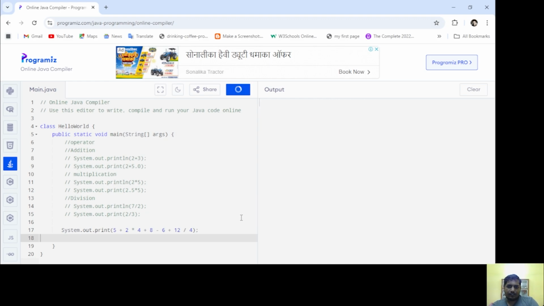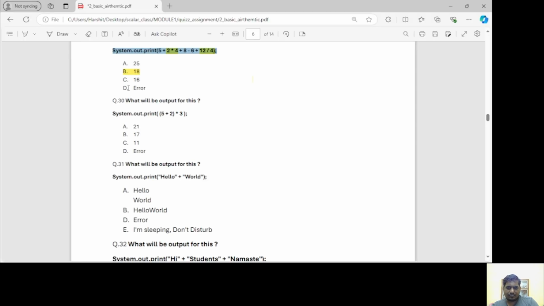Here I write the equation and see 18 is the answer, correct. From this method the compiler works. So you have to learn some fundamental concepts, okay, some brainstorming.